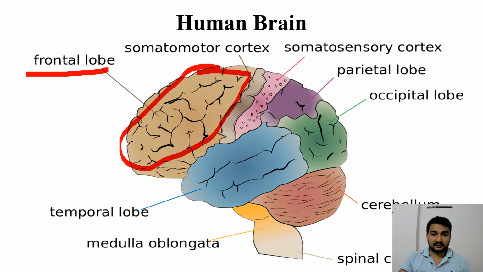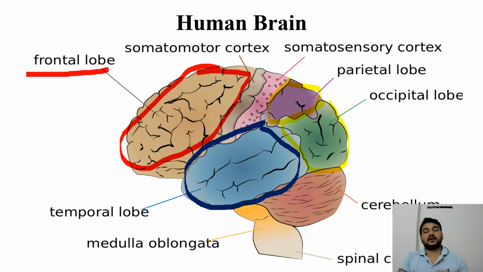So here is the image of the occipital lobe that I have seen. This portion is the occipital lobe and this portion is the parietal lobe, and we can see here the temporal lobe, which deals with language processing, understanding, and reasoning. These things are controlled by the temporal lobe.